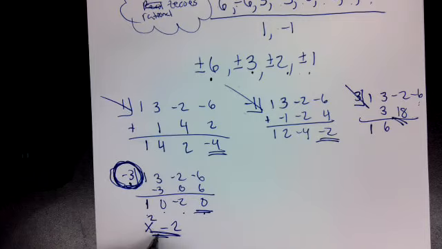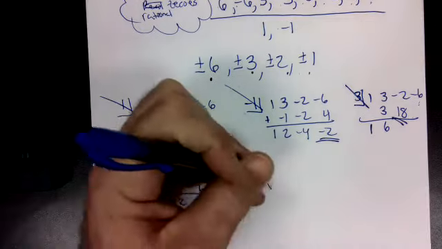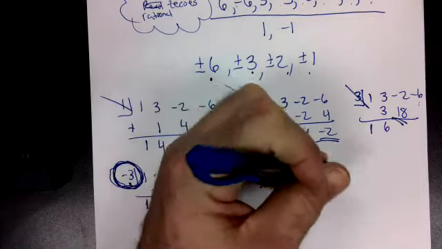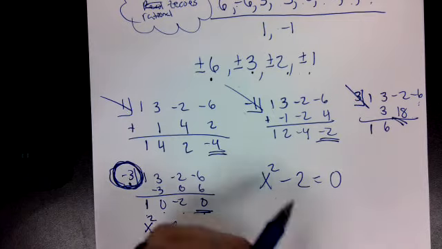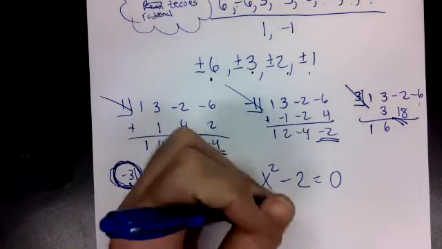So I've just got to figure out what would make this x squared minus 2 equal 0. So if I take x squared minus 2, I can just use algebra to solve this. Add 2 to both sides.